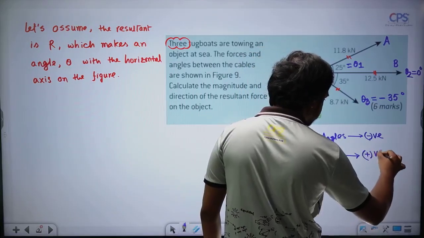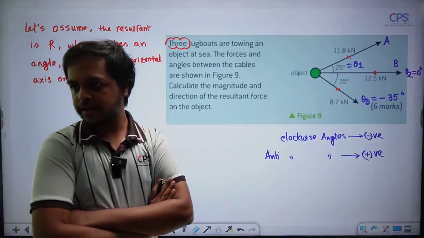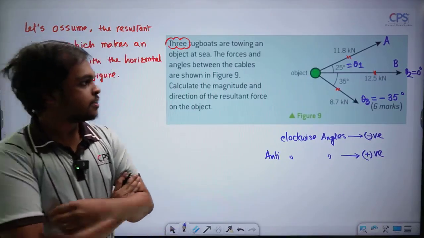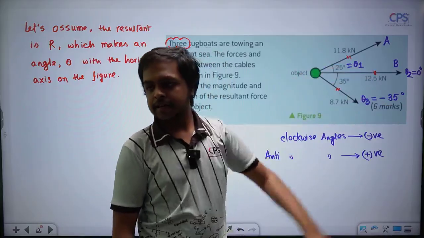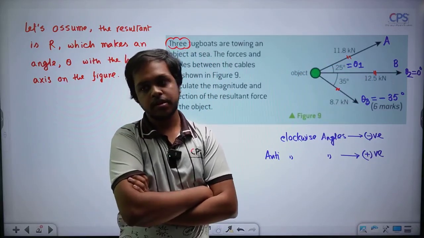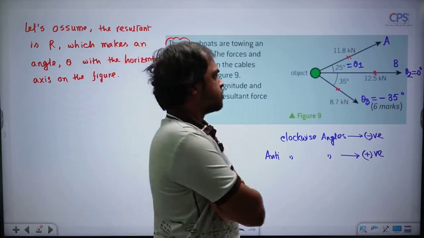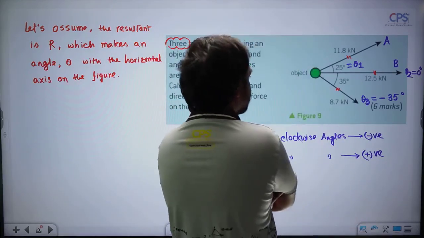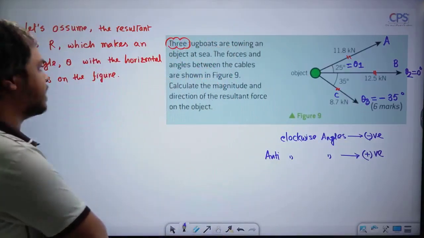So there is something new to learn in every math. You need to be attentive. This one is minus 35 because it is in the clockwise direction from the x-axis. Let's say this is C. The values are there and the angles are there as well.